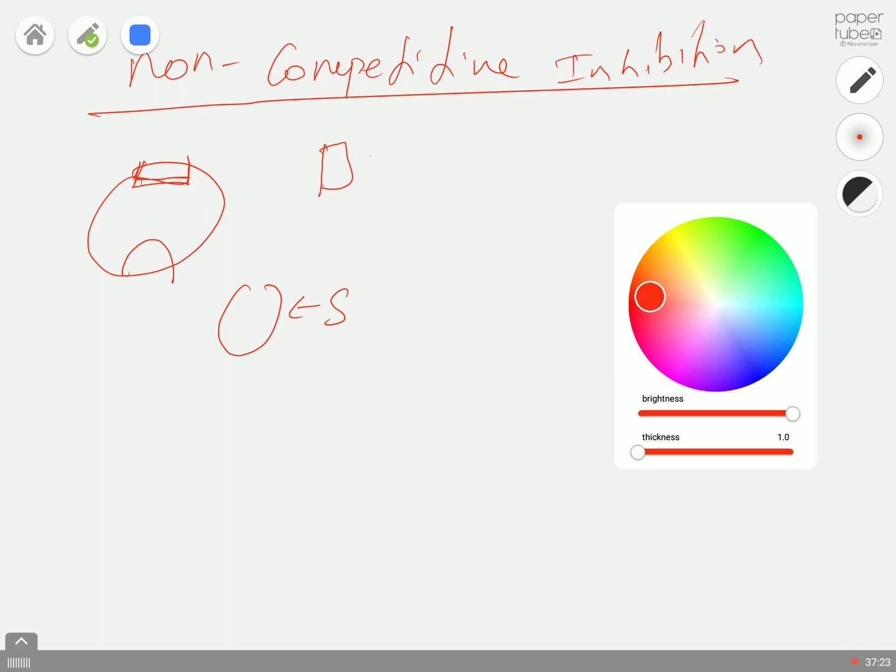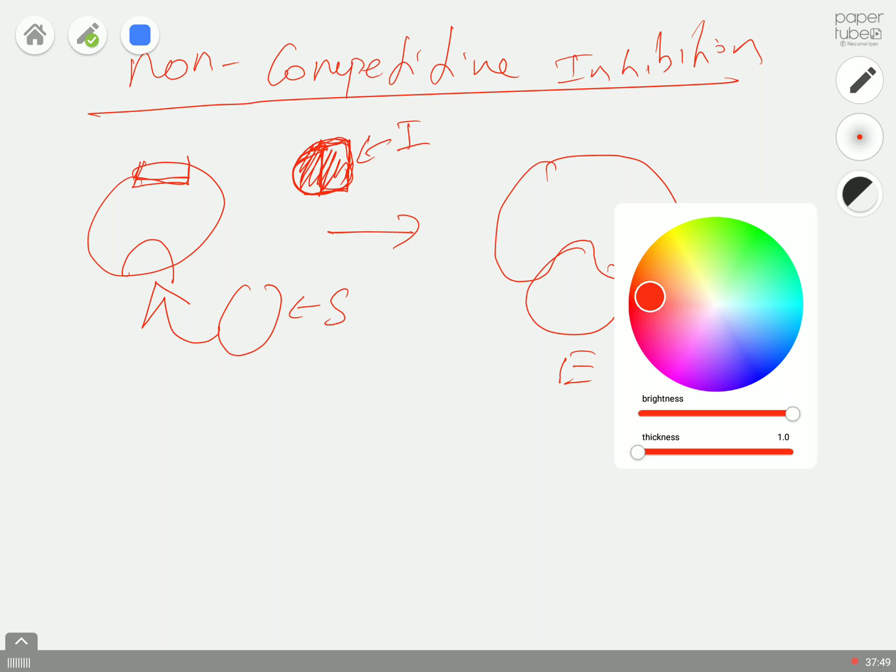Say this one is your inhibitor. So your substrate can go with the enzyme to make, obviously, this enzyme substrate complex.